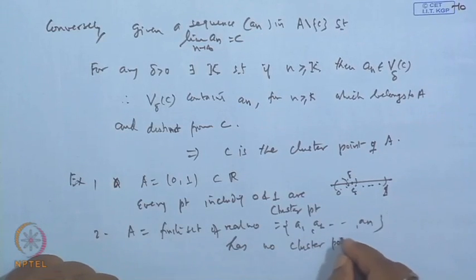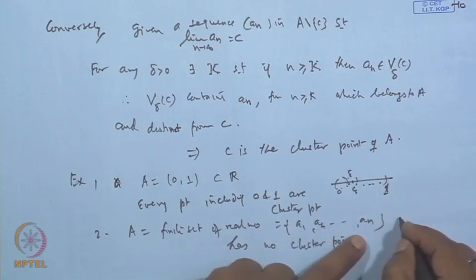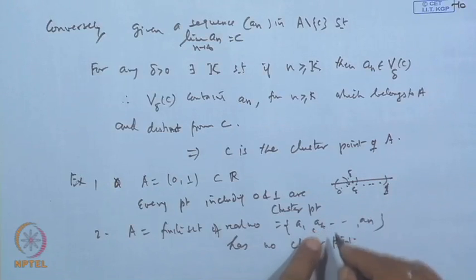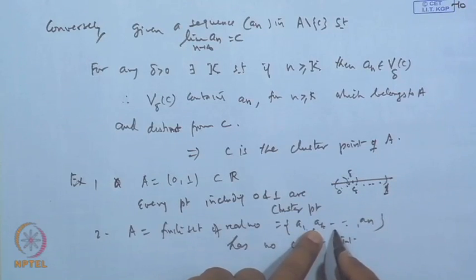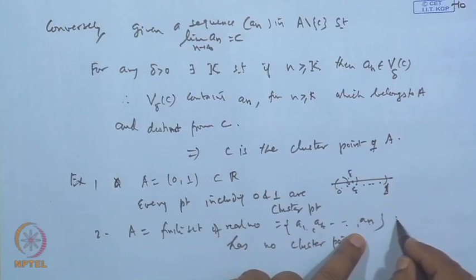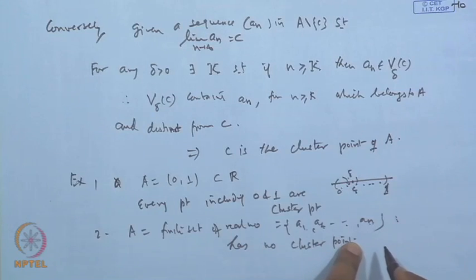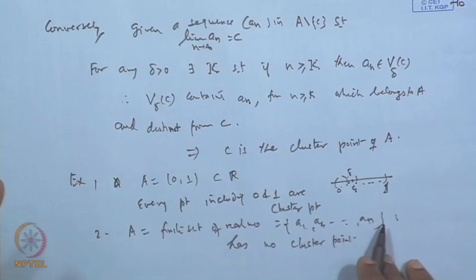Suppose a_2 is the cluster point; there is a gap between a_2 and a_1, and a_2 and a_3. If you draw a neighborhood around a_2, you will not get a point other than a_2 inside it. So it cannot be a cluster point. If a point is outside of this set, again there is a gap between a_n and this point, and we cannot get a point of the set in the delta neighborhood which is distinct from this. So a finite set does not have a limit point, no cluster point.